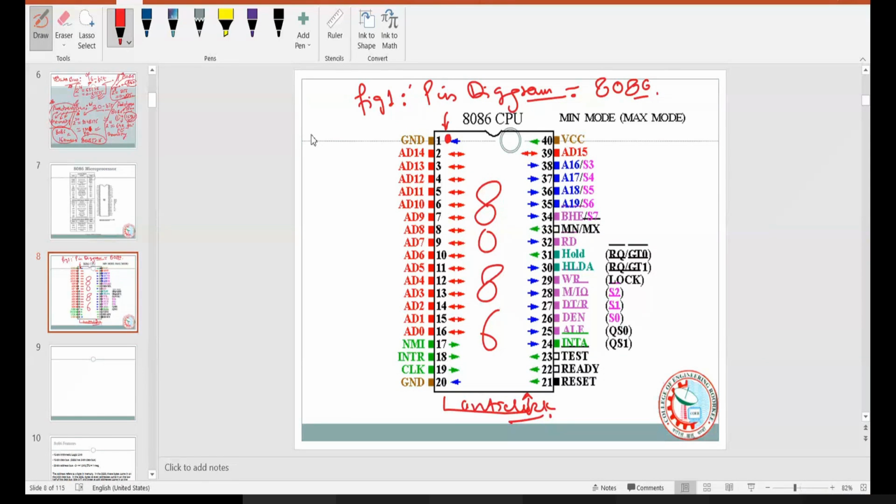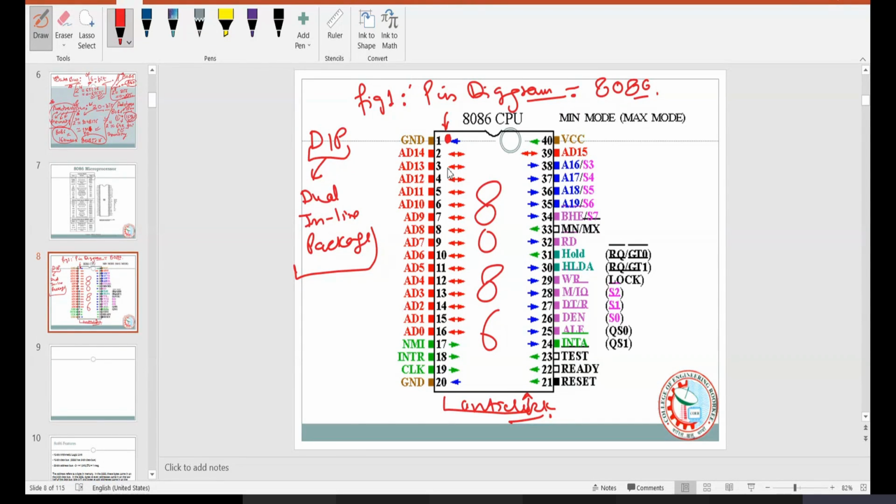This package, the picture of this, the way it is looking at you right now, is called DIP, and DIP stands for dual inline package. In VLSI, we call this kind of package, this kind of IC, DIP.